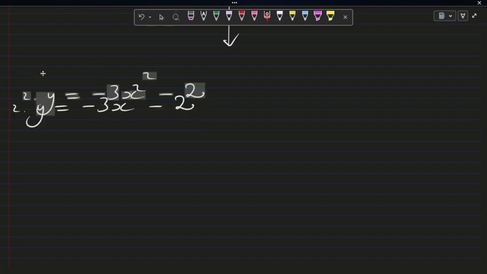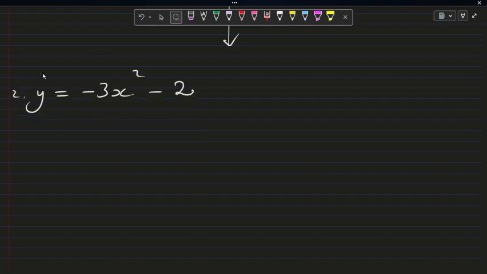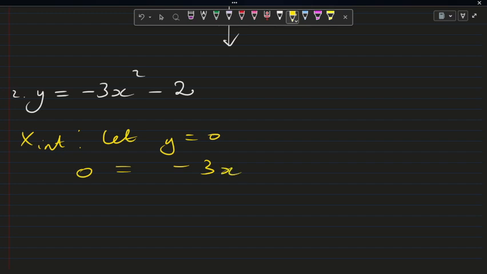Now if we consider this situation, let's determine the x-intercept. We will obtain the x-intercept of this equation if we let y be equal to 0. Then we have 0 is equal to negative 3x squared minus 2.